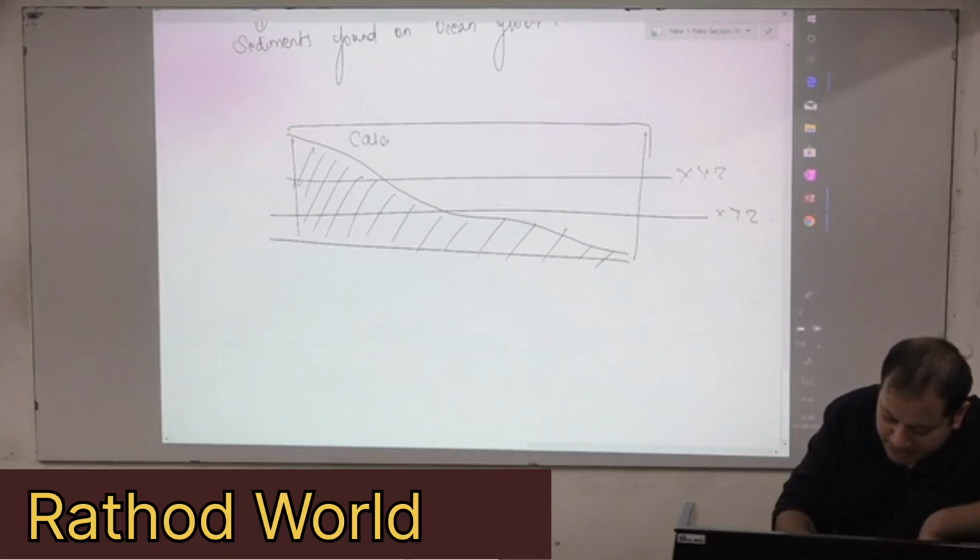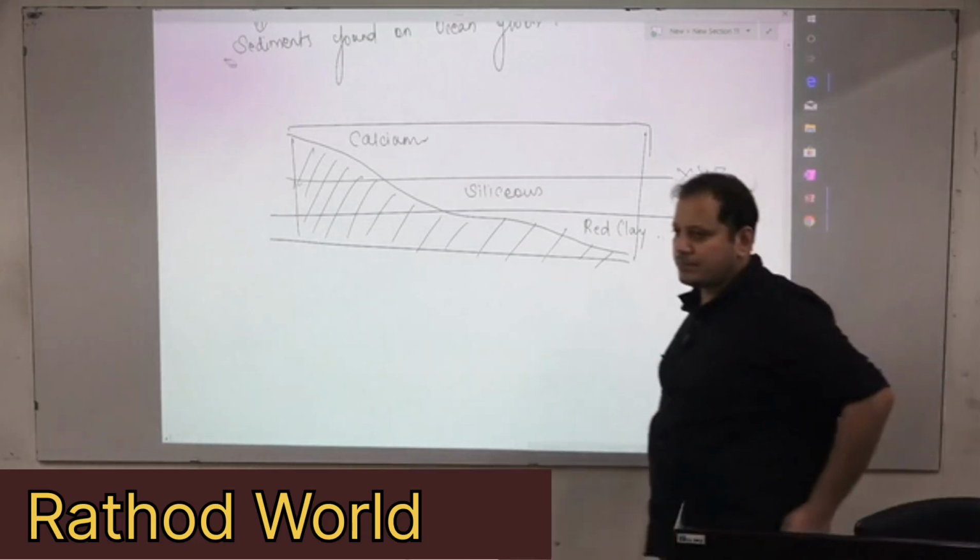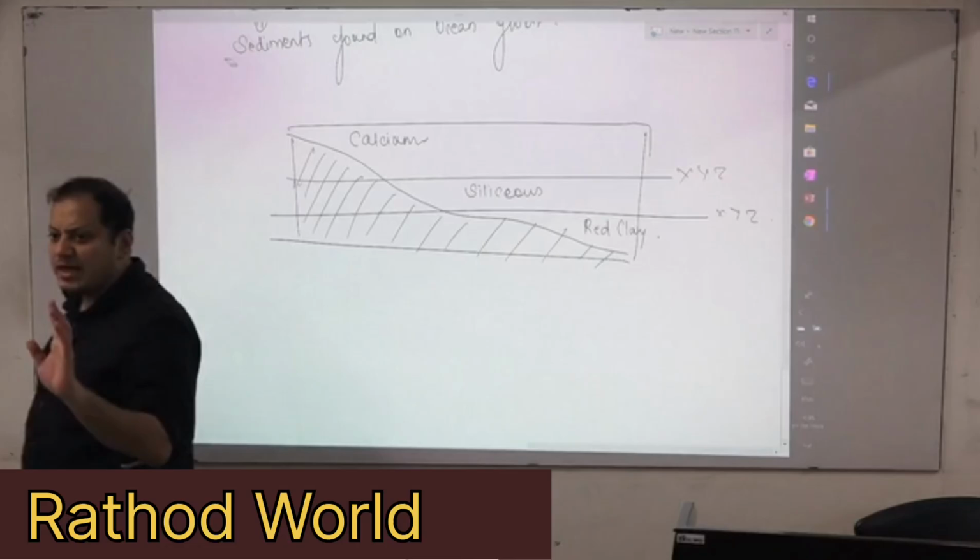सबसे पहले there will be calcium at lower depths. As we go below, the calcium will be followed by siliceous or silica based, and उसके बाद there will be red clay. रेड क्ले. अब क्या है ये रेड क्ले?